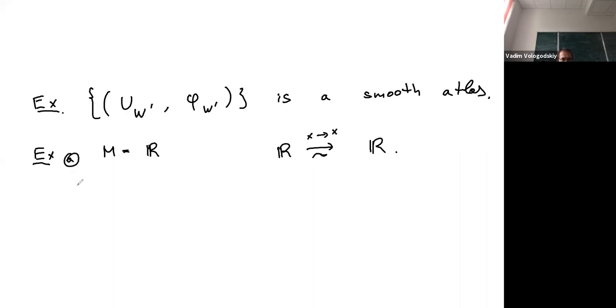But I can also define another smooth structure on R. I can take for the open chart, well, also an atlas that will consist of one chart, but the map is going to be x goes to x cubed.